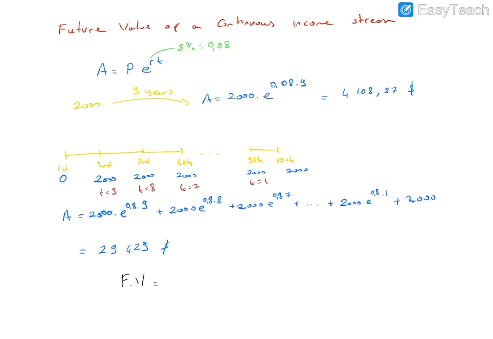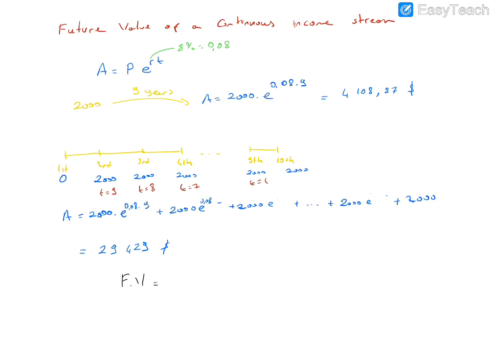So anyway, the future value, let's write it here. It is better to see at the same time. The future value is the area under the graph of 2000 e to power 0.08 times (10 minus t). I am sorry, it is 0.08 because the interest rate is 0.08.